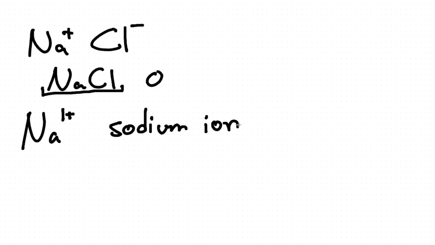Now, when metals can form ions with different charges, the name of the ion must provide this information. The more modern and systematic method involves placing a Roman numeral in parentheses after the name of the metal to indicate its charge. So for instance, iron can be 2 plus, and it can also be 3 plus.